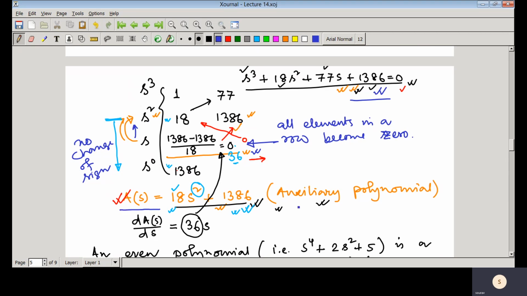This equation is called the auxiliary polynomial, and then we need to take the derivative of that polynomial, take this coefficient and replace it here, and then again proceed.